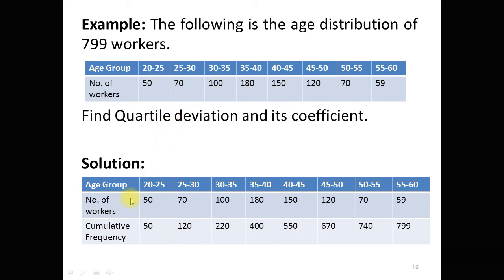Now, dear students, for this data we also need the cumulative frequency. For the cumulative frequency, write the first frequency as it is, and now 50 plus 70 is 120, 120 plus 100 is 220, 220 plus 180 is 400, 400 plus 150 is 550, and 550 plus 120 we obtain 670, 670 plus 70 we get 740, and 740 plus 59 we obtain 799.